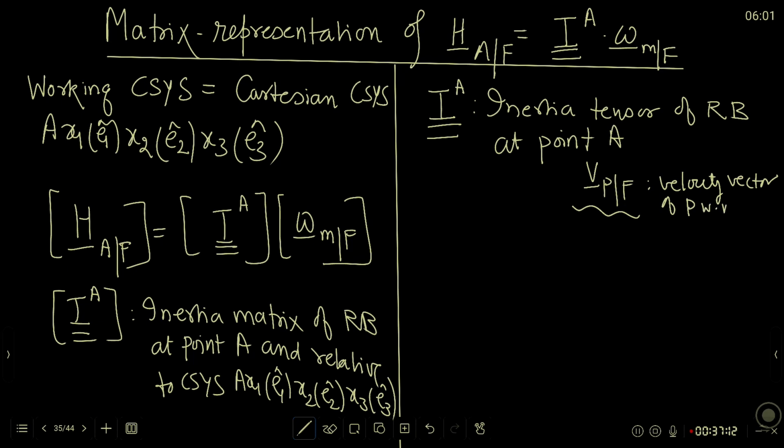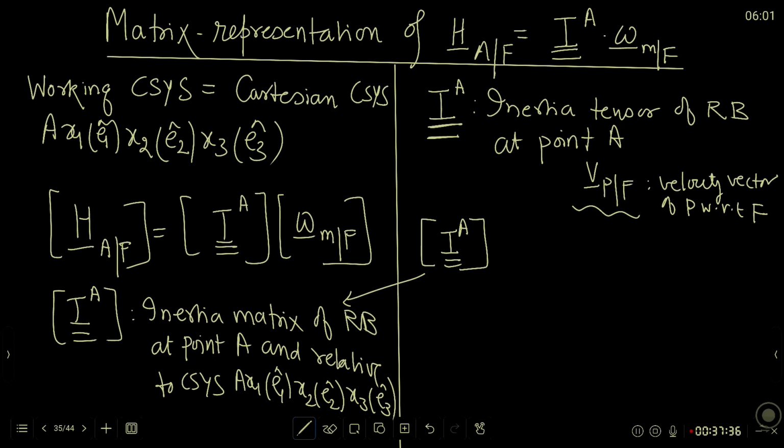However, when I put I_A within square brackets, it is called inertia matrix of RB at point A relative to coordinate system. So the moment you put square brackets here, now you are talking about a set of 9 scalar components.